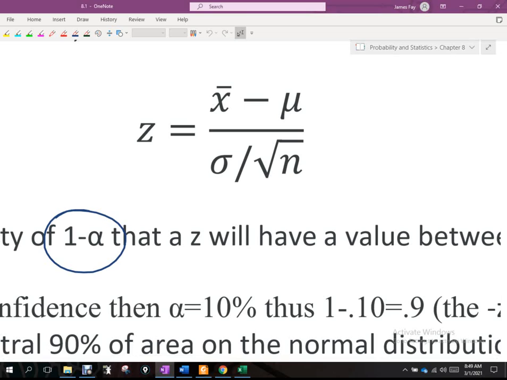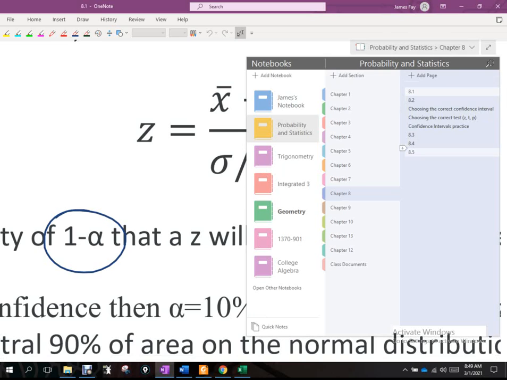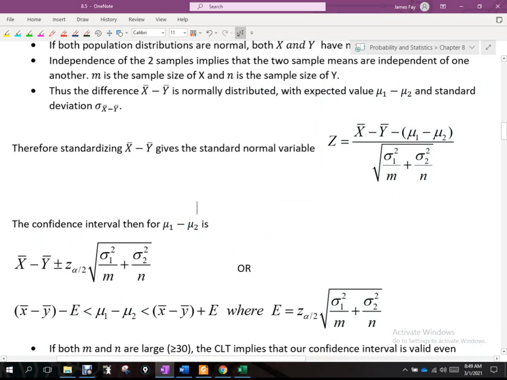Is that right with everybody? Remember doing that? This is the same idea. That was the X bar. This was minus the mean.